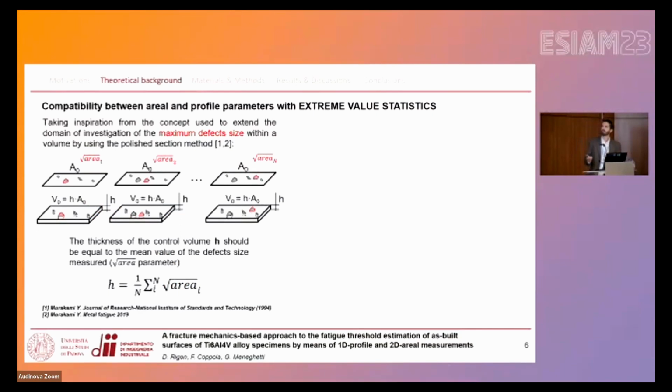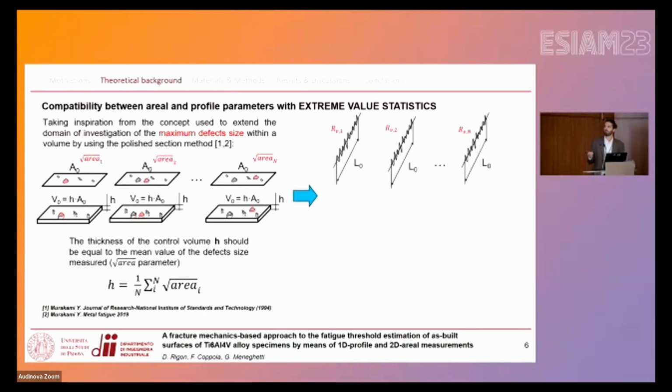The method consists of evaluating the distribution of the square root of area of the defects on polished sections, and extrapolating this information by multiplying the size of the area of the inspection by the so-called h, that is the average value of the square root of area measured in the control areas A0.